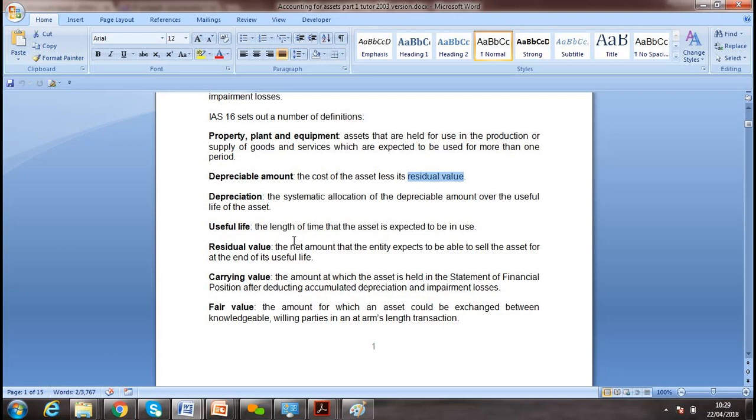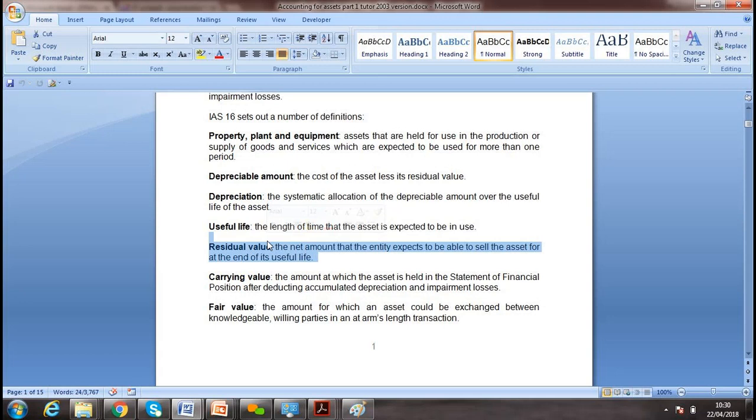The net amount that the entity expects to sell the asset for at the end of its useful life. Useful life is the length of time we can use something, like a photocopier in an office. Let's say we can use it for 10 years.